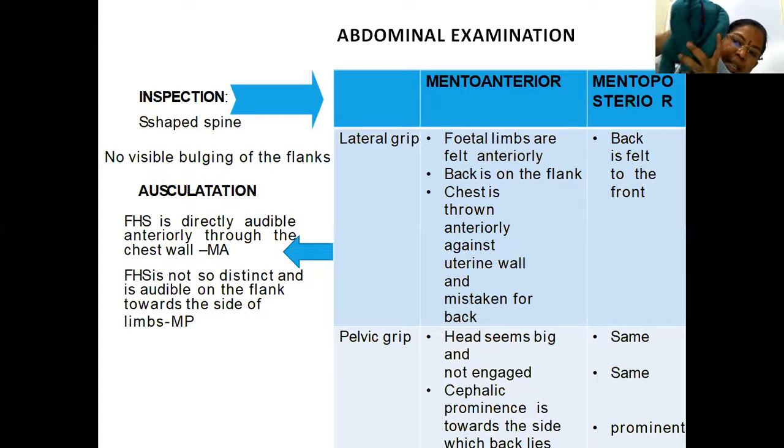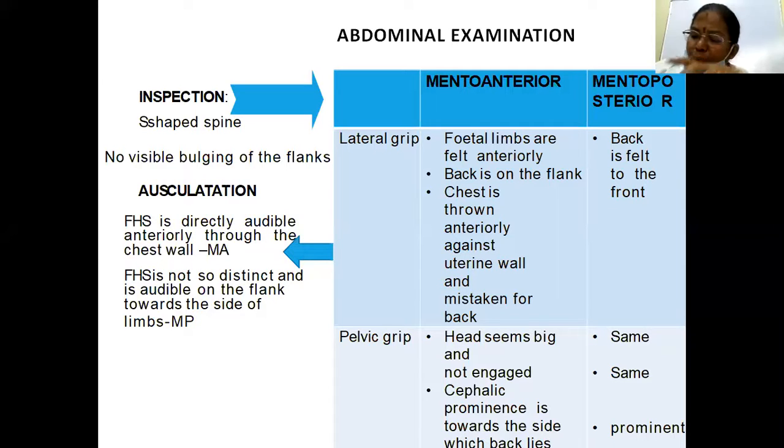The back is in the flanks, and it is very difficult to palpate the back. The chest is thrown anteriorly against the anterior wall and can be mistaken for the back. So it will be like this in the lateral grip in a case of mento-anterior. If it is a mento-posterior position, the back is felt to the front.